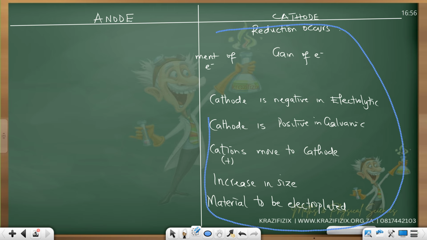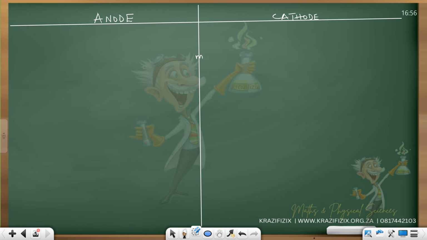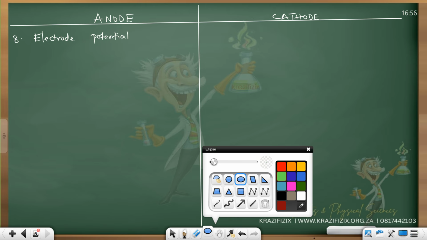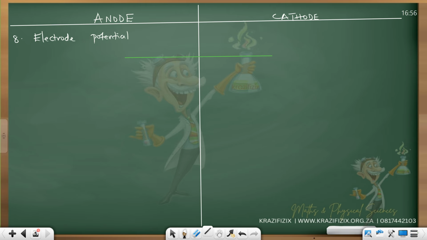So number 8. Look, we want to catch the examiner. We want to block everywhere. They are going to ask us electrode potential. We use a number line. My number line is like this, and we know it's from negative to positive. Anode and cathode.